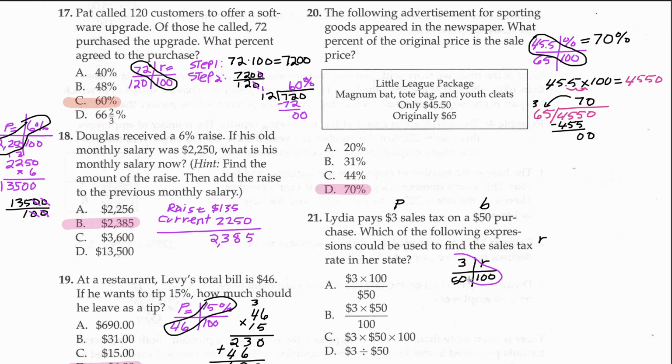We need to multiply 3 times 100. That's the first step. And the second step is to divide whatever that is by 50. That's all they want us to do. So what is the choice for that? Doesn't that look like option A? Okay, I will choose option A. That's my answer.